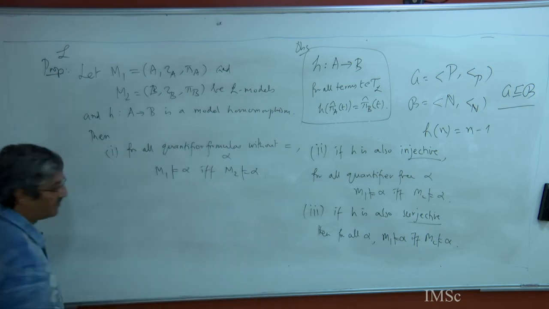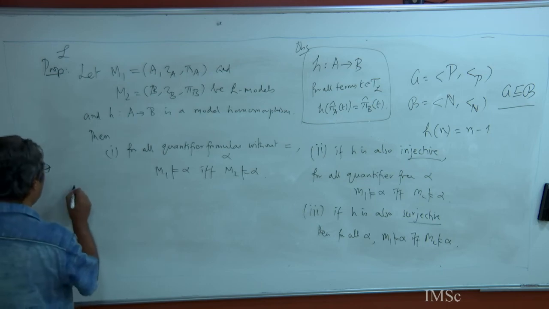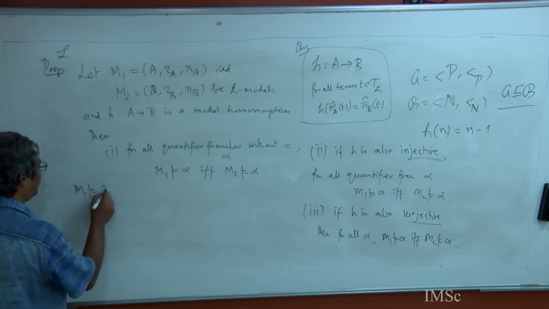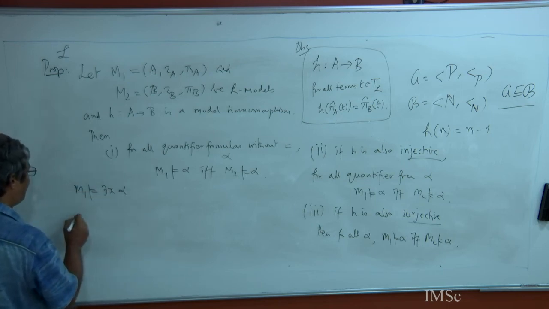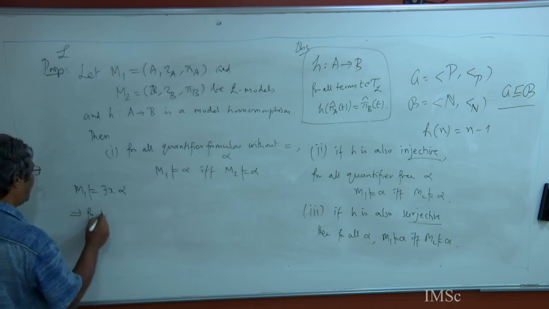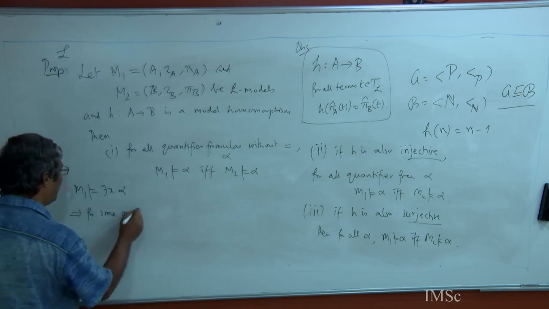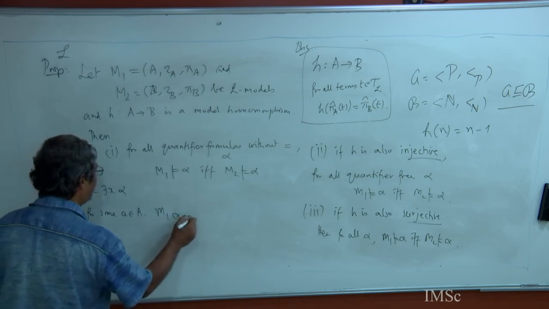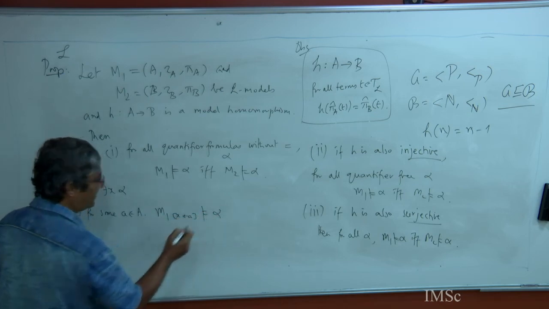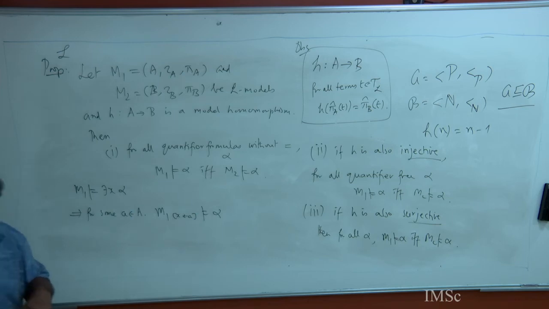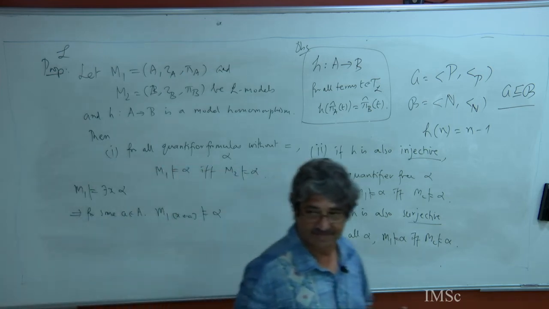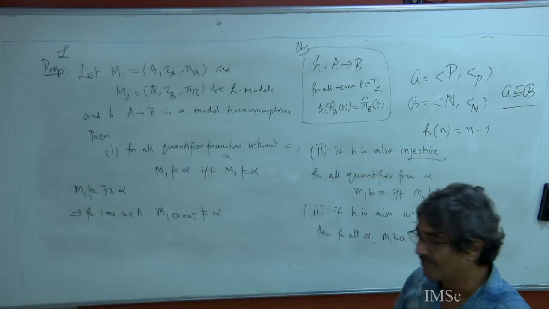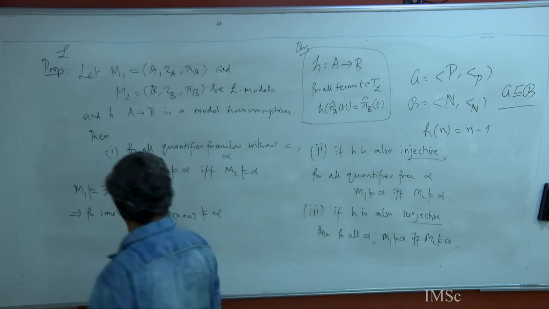Let's do the proof. So suppose M1 satisfies there exists X alpha, then for some element A belonging to A, M1 with X getting mapped to A satisfies alpha. That's why you need a homomorphism of models, right? Homomorphism of structures will not do because you want to go over to that particular model.